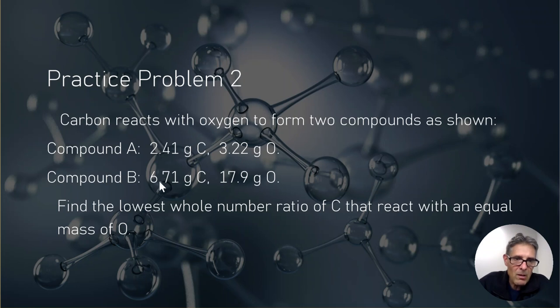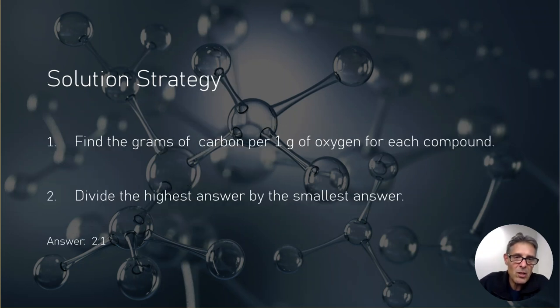And the number there, I've got to divide by 17.9 so that I've made the same change to this number as to that number. That's the strategy that is recommended here. You find the grams of carbon per 1 gram of oxygen for each compound. And then you divide the highest answer by the smallest answer.